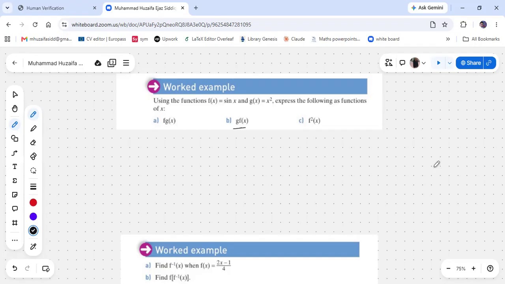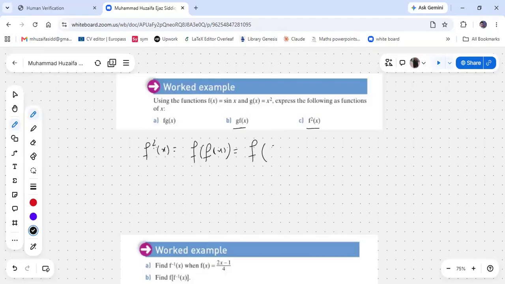For B, I got sine squared x. Okay, B for the sine square of x. No, we are checking that one function, f square of x. Look at here. Basically, this is the composition of the function with itself, so f into f of x.